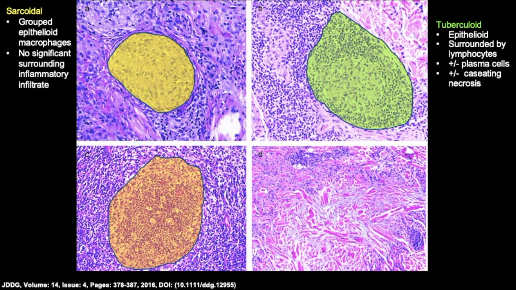A third pattern is the suppurative pattern, also less well circumscribed. Like an abscess formation, you see abundant neutrophils with accumulation of macrophages.